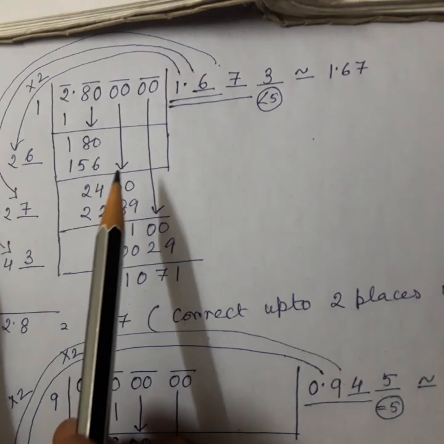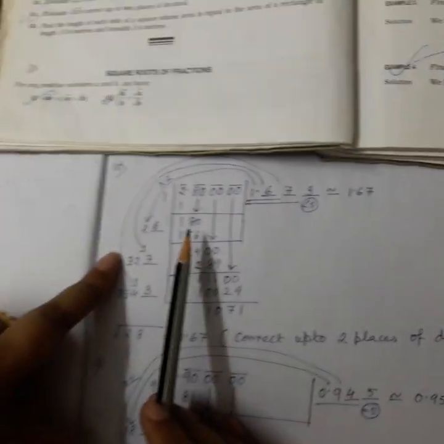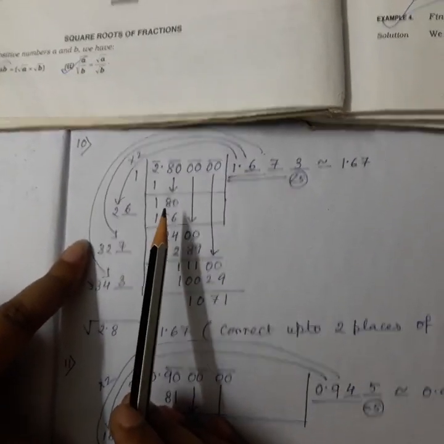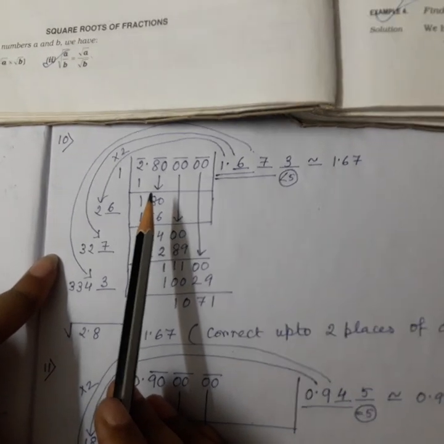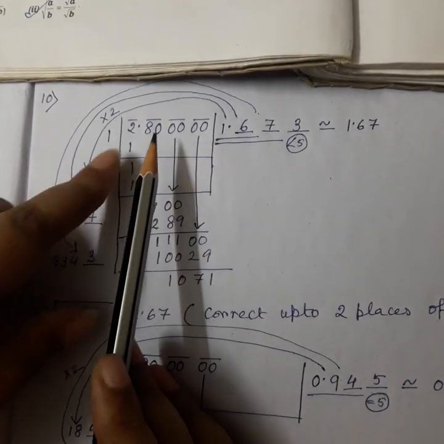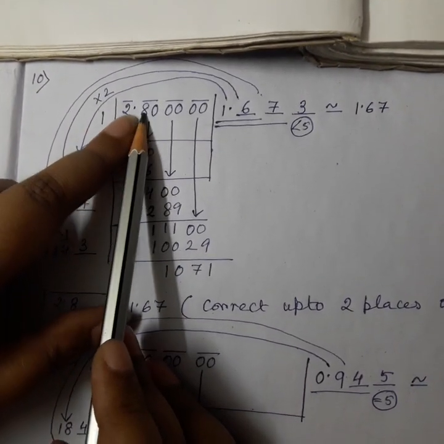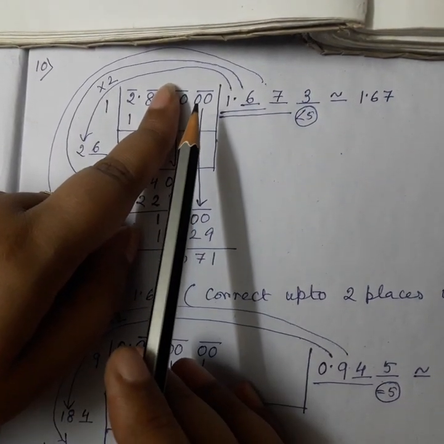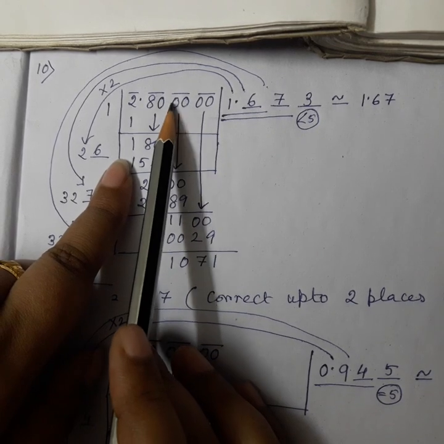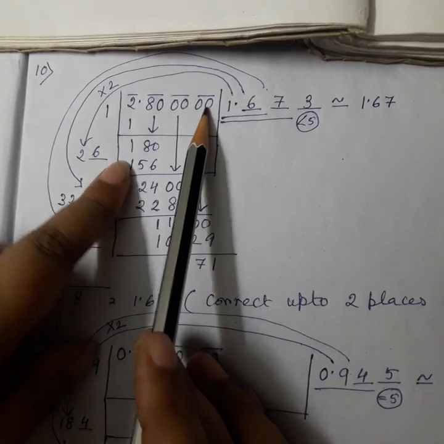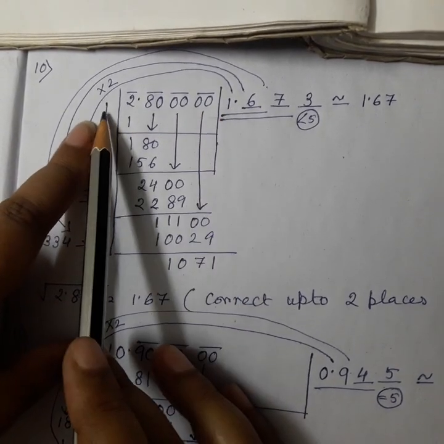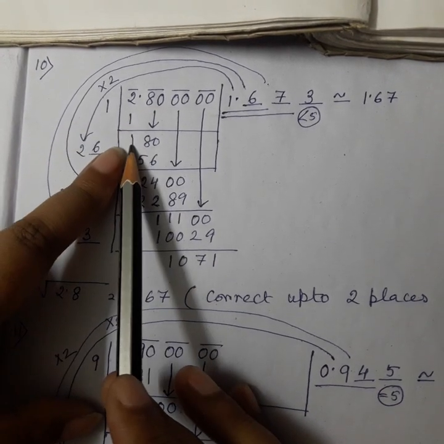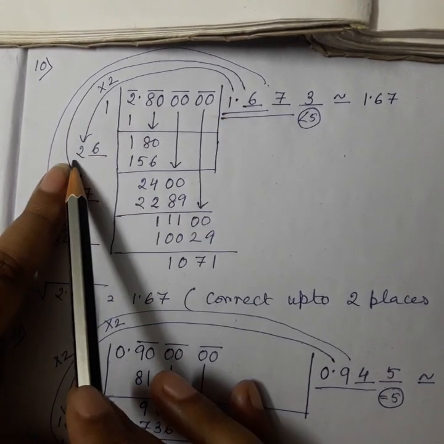Question number 10, square root of 2.8 correct up to 2 places of decimal. That means after the point you have to take 3 pairs. So 2.8 is already given, and after the point we are taking 3 pairs: 8 0 0 0 0 0. Then simple process. 1 1s are 1. 1 is coming, 80, then double of 1 is 2.